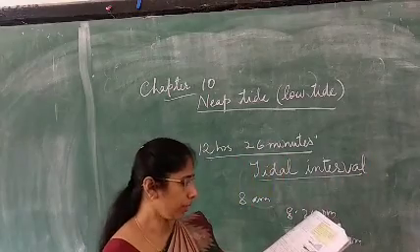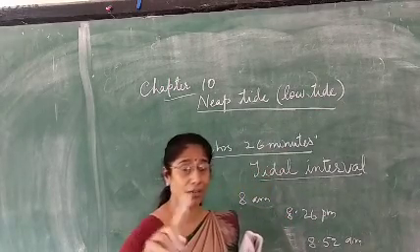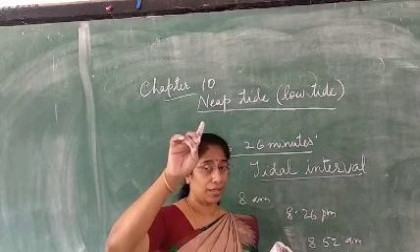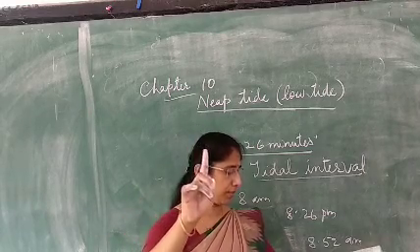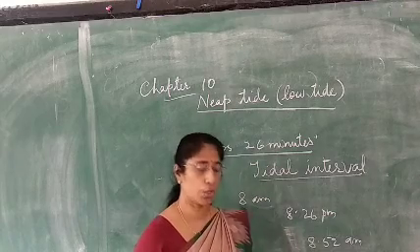Okay? Yes. And the tidal range, I told you about tidal range. What is tidal range? It is the difference between the heights. Tidal range differs from sea to sea and from sea to ocean.